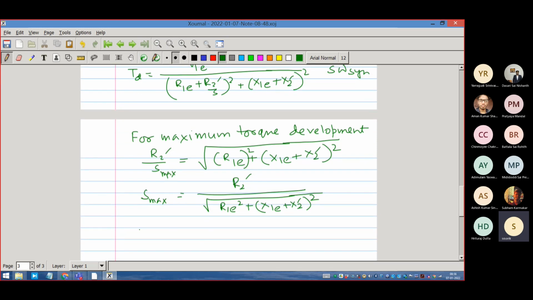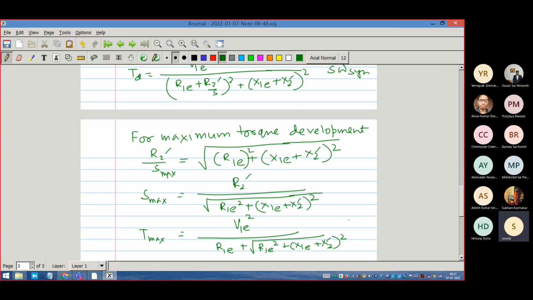Then for completion, let me write T max. If we put S max there, we can find out T max, and that is equal to V1 equivalent square divided by R1e plus the square root of R1e square plus (x1e plus x2 dash) square, right?